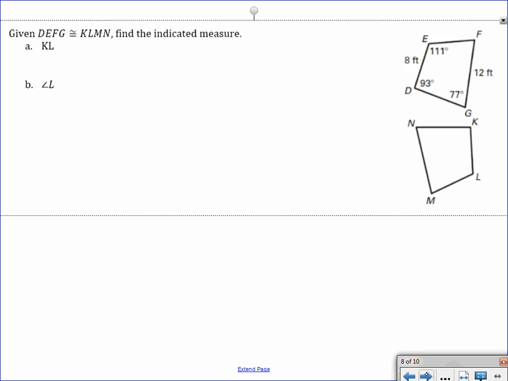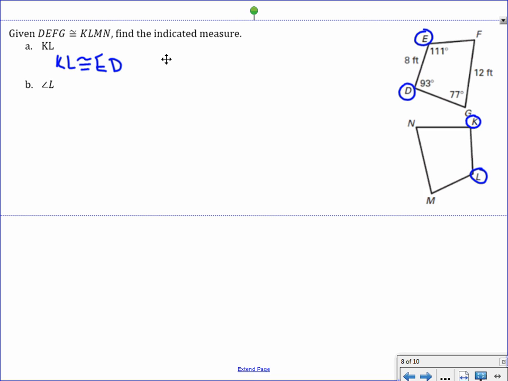Okay, if we are given that DEFG is congruent to KLMN, find the indicated measure. This is actually really easy. KL, right here, from K to L, is in the same spot as E to D. So KL is congruent to segment ED.